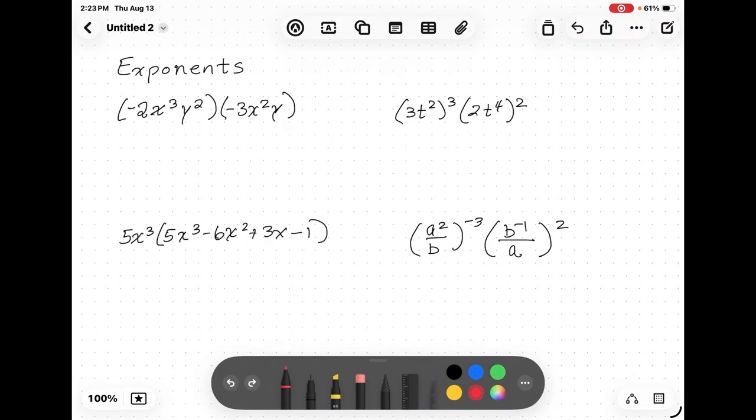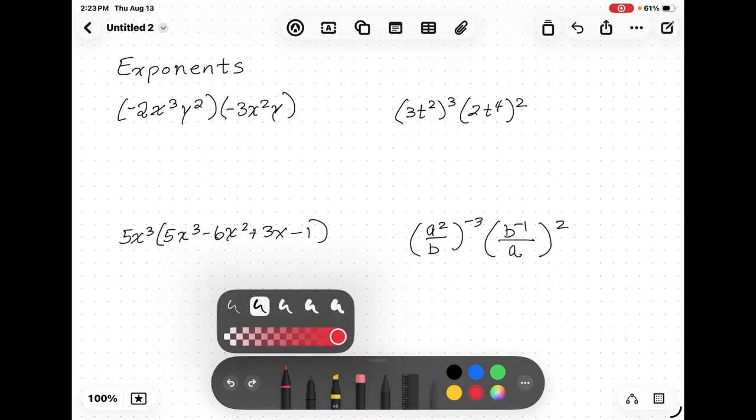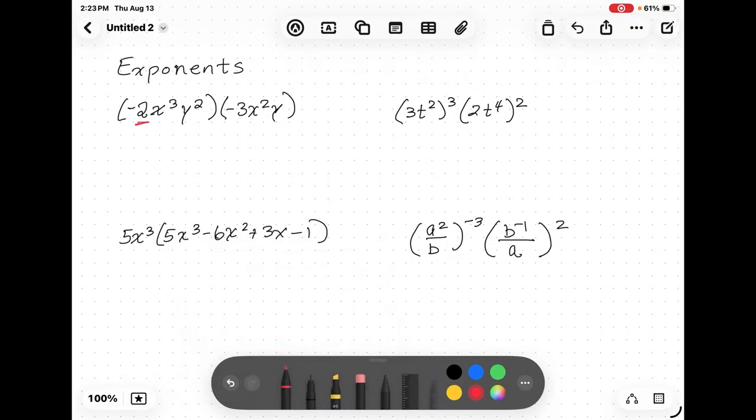I look and see that I have a number, a 2 and a 3, and I can multiply 2 times 3. Get 6. I see that I have an x and an x. I'm multiplying.